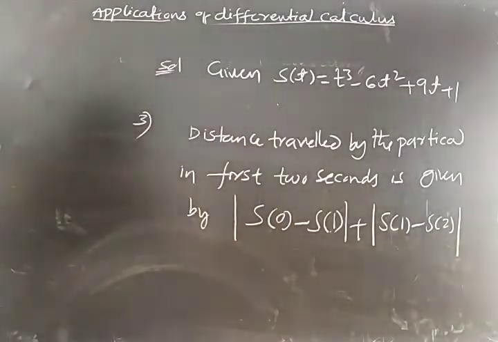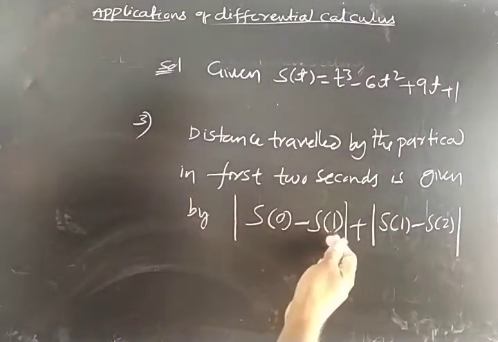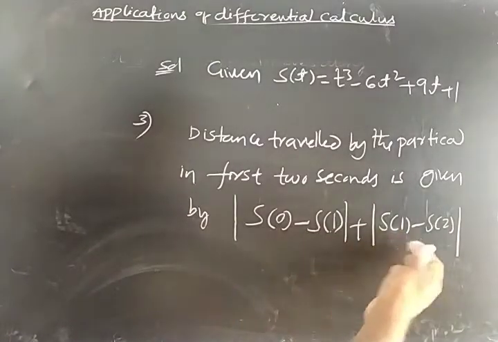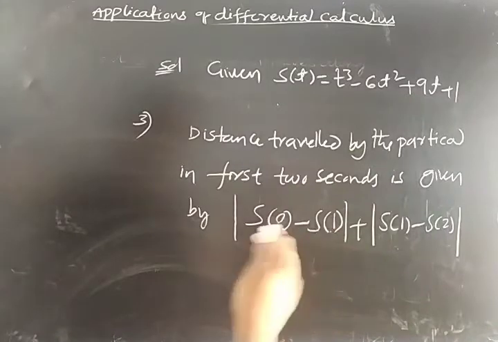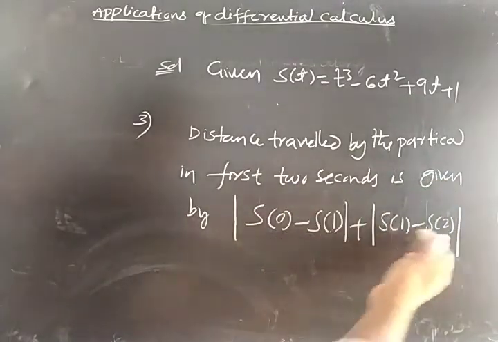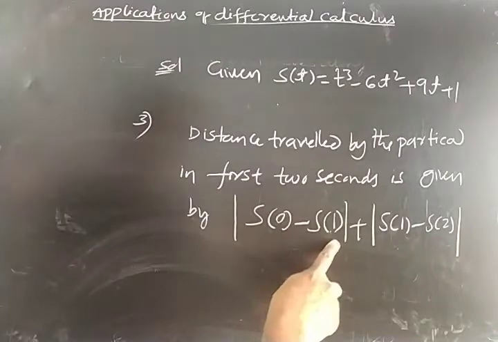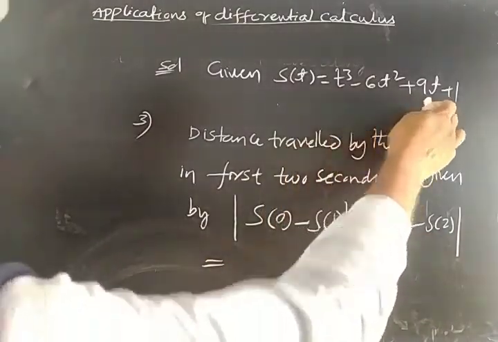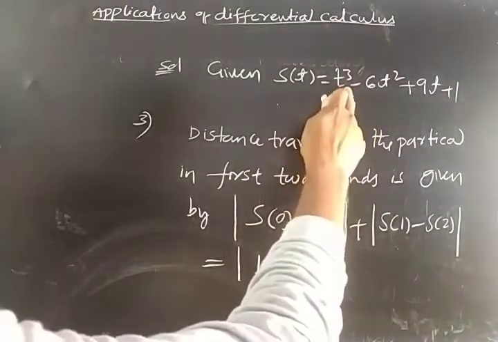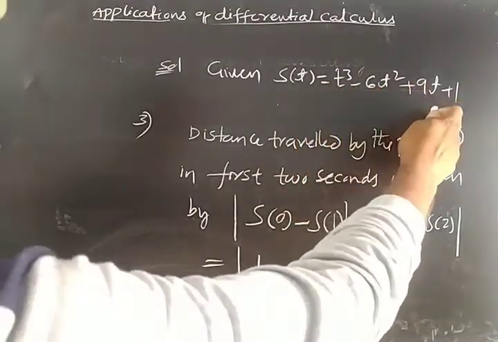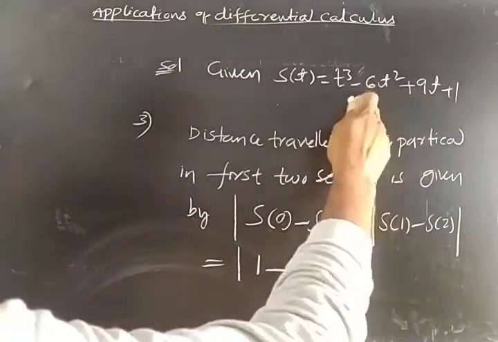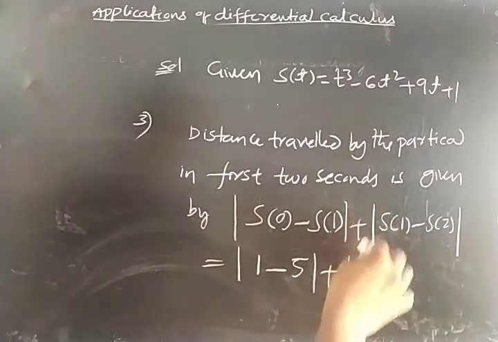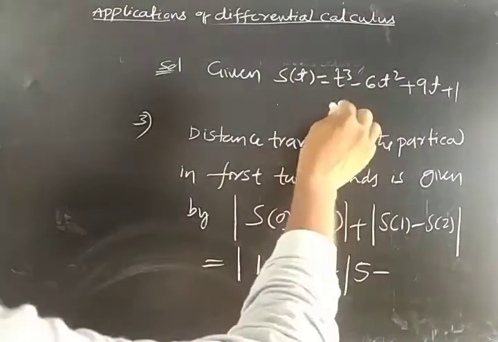Already I explained yesterday: when the particle changes its direction at some point c, then we have to find it in this way. So up to 2 seconds, s of 0 minus s of 1, plus s of 1 minus s of 2. Substituting 0 for t, s of 0 is 1. Substituting 1, 1 plus 1, 2 plus 9, 11 minus 6, that is 5. Again s of 1 is 5.